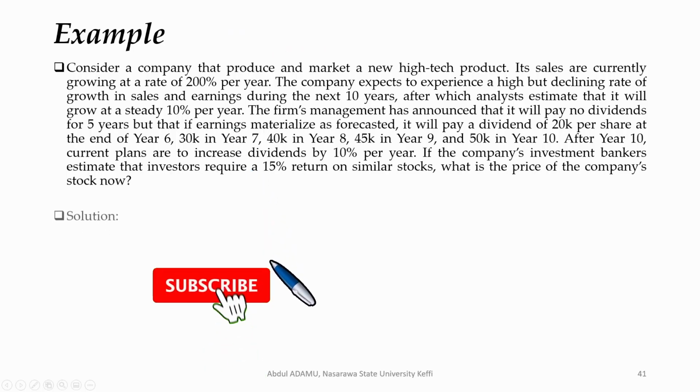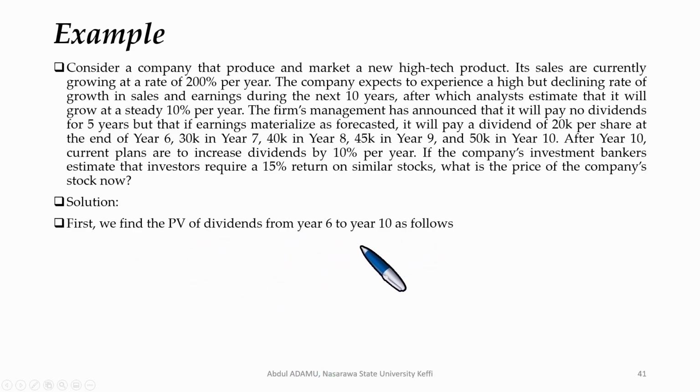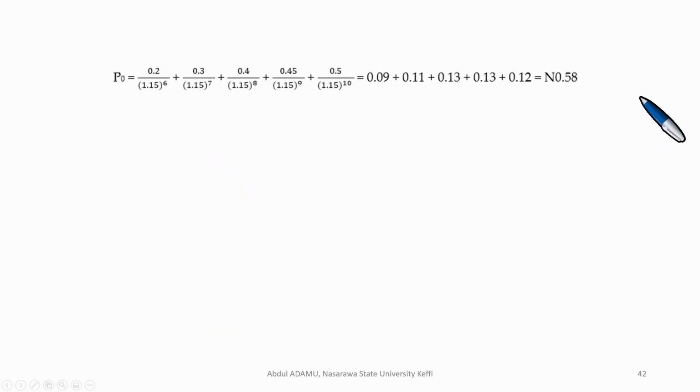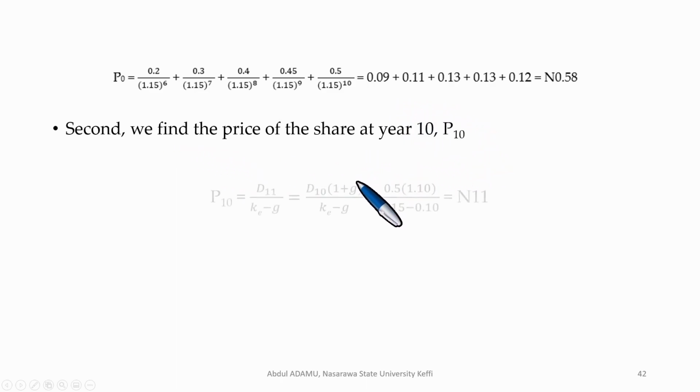So the solution: first we find the present value of dividend from year 6 to 10. We represent it on a number line like this, the way I did earlier. Find the individual present values and add them together. The second, find the price of the share at year 10.